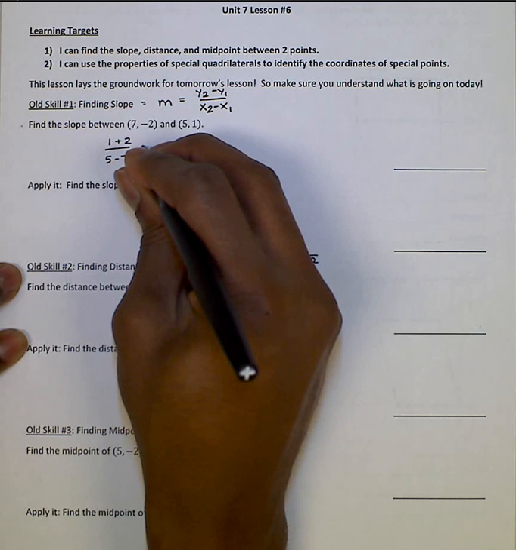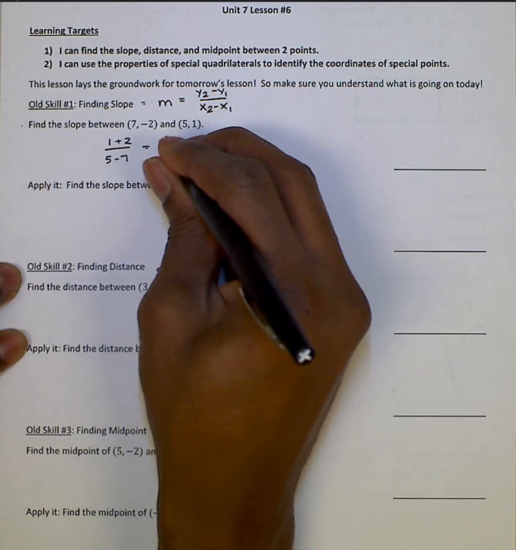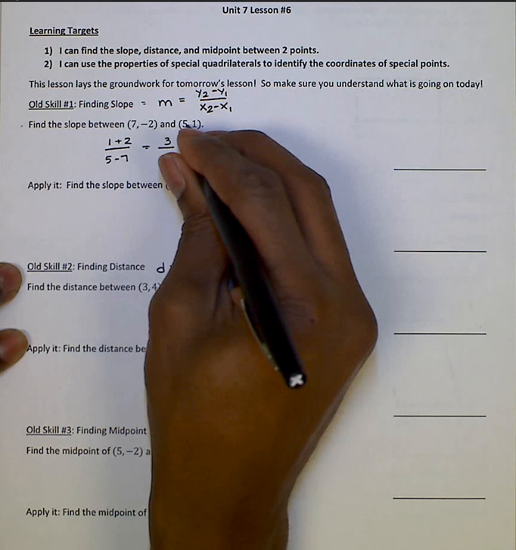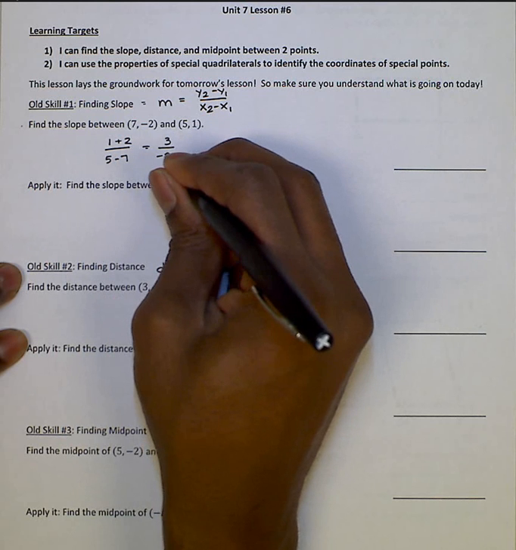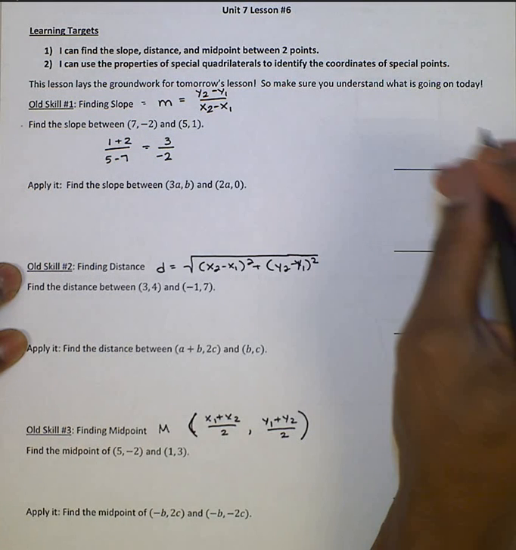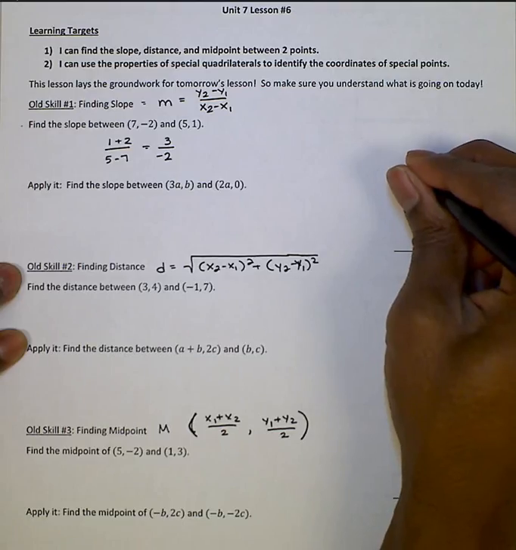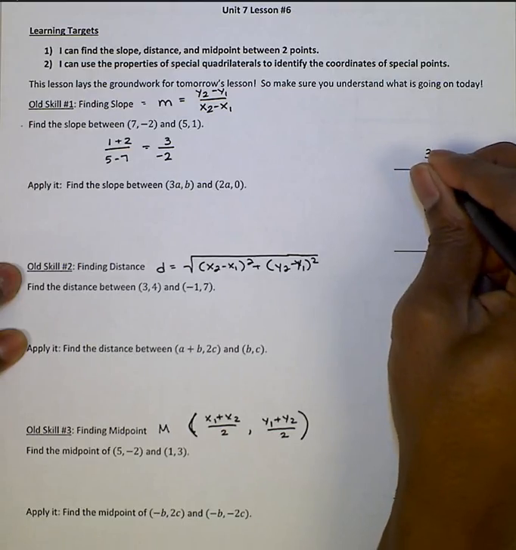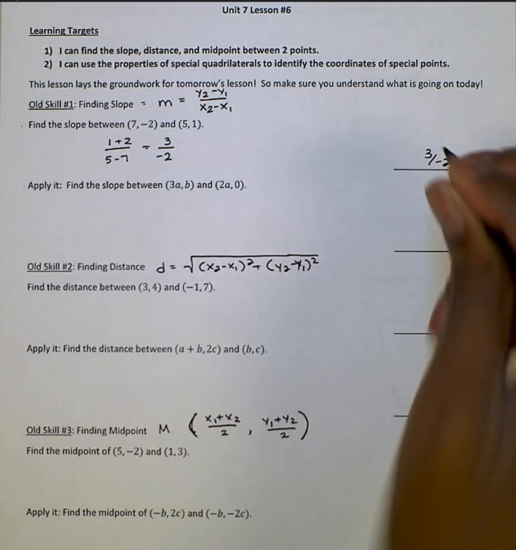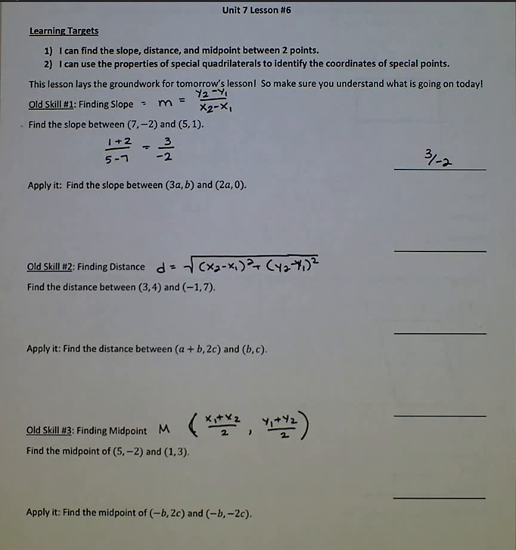So 1 minus -2 is 3, 5 minus 7 is -2, and so the slope between these two points is 3 over -2.